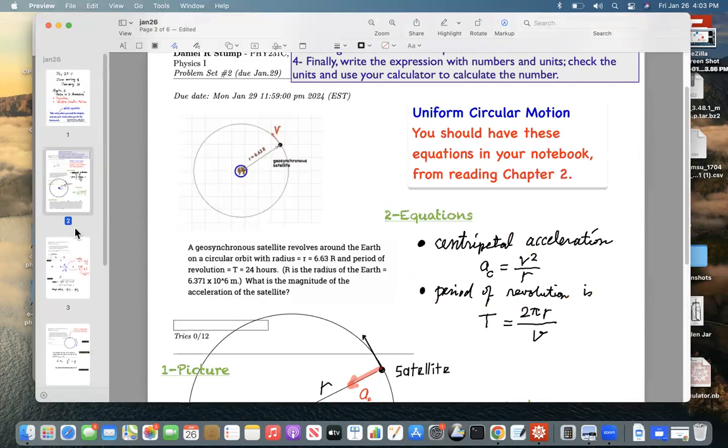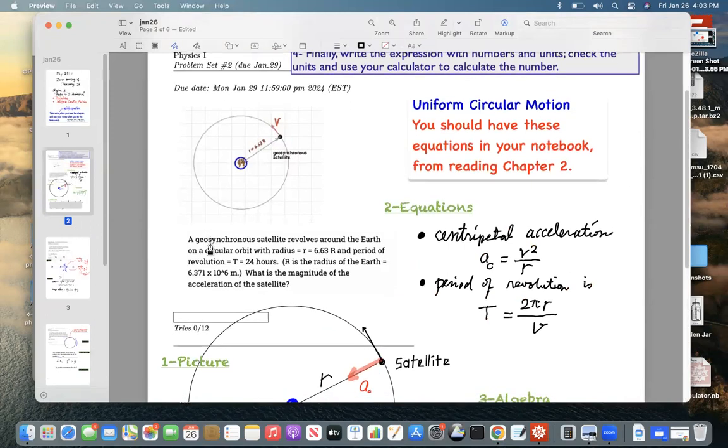Start with this one, the geosynchronous satellite. So this is a problem in the homework assignment, which is due Monday. There are many geosynchronous satellites in orbit around the Earth, which are used for various purposes, like weather satellites and GPS system.